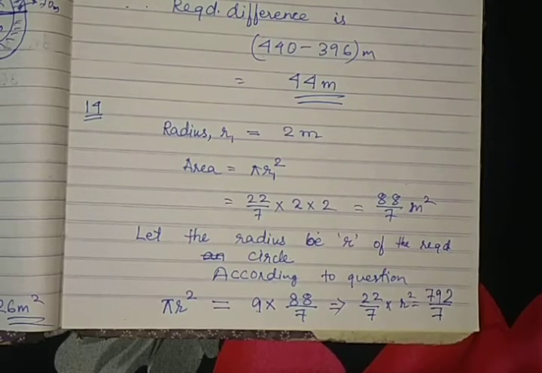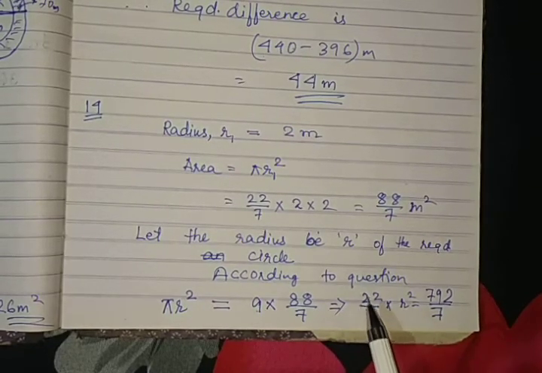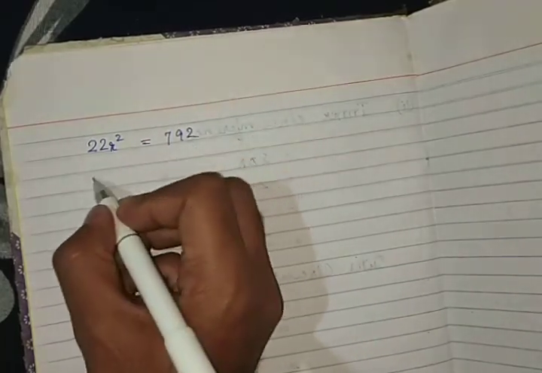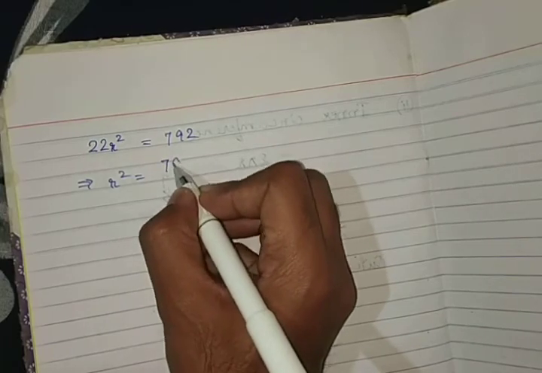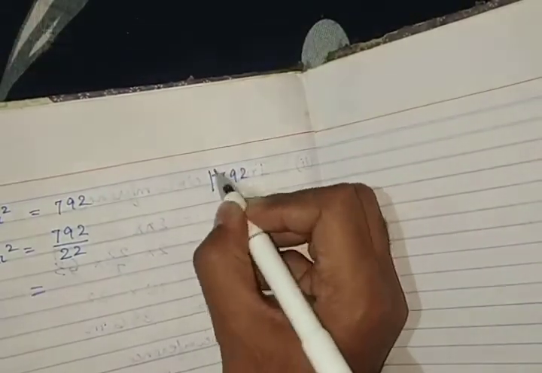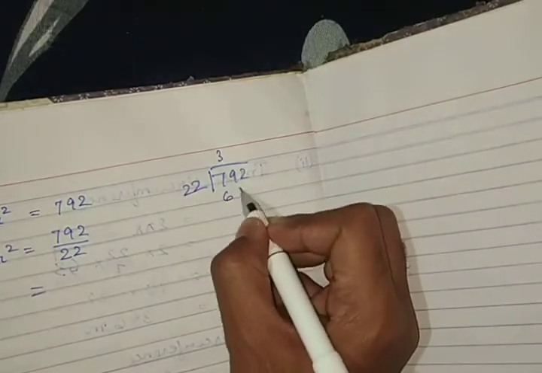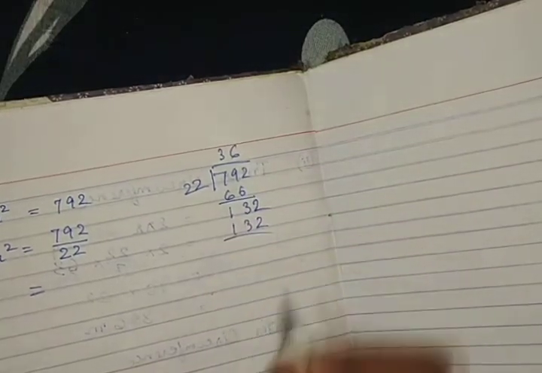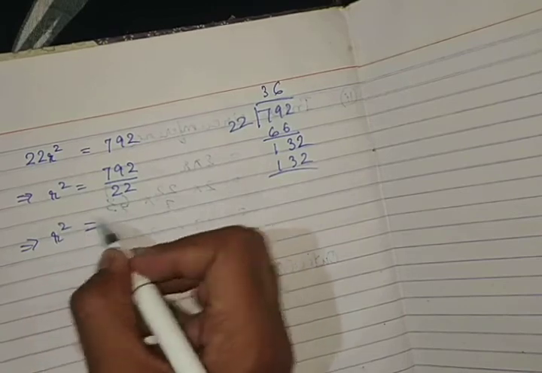By the property of equations, if both sides have the same thing in the denominator, we can reduce them, so this 7 and this 7 can be cancelled. Now we get 22 r square is equal to 792, which means r square is equal to 792 by 22. Dividing 792 by 22, we get 36. It means that r square is equal to 36.